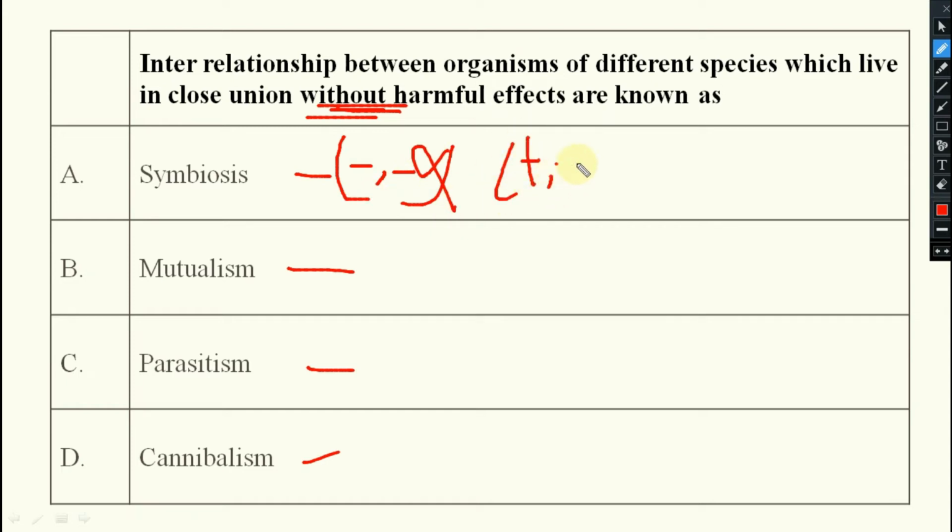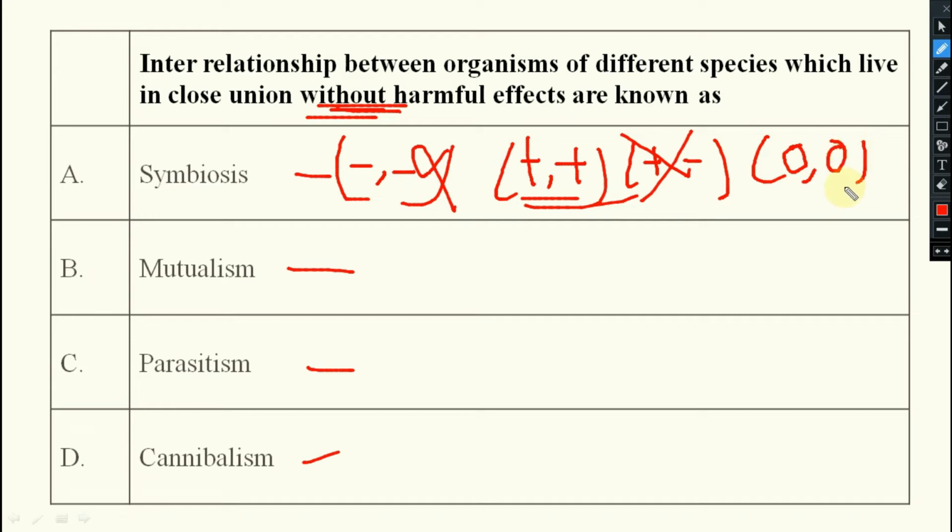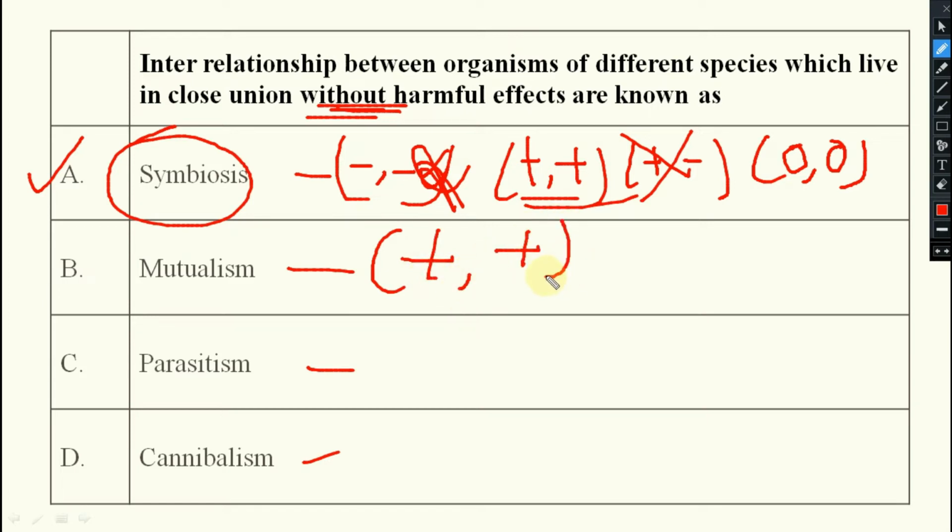It may be positive-positive, or neutral-neutral, neither positive nor negative, unharmed, yes or no. That is known as symbiosis. So the answer here is symbiosis. What is mutualism? Both of them get a positive effect. That is known as mutualism. What is parasitism? Parasitism means positive and negative. What is cannibalism? Cannibalism is your what?